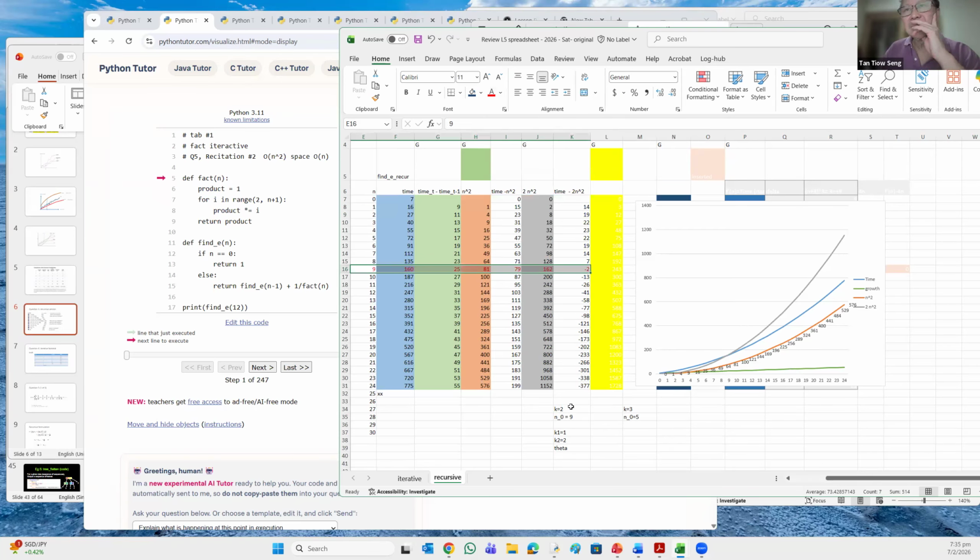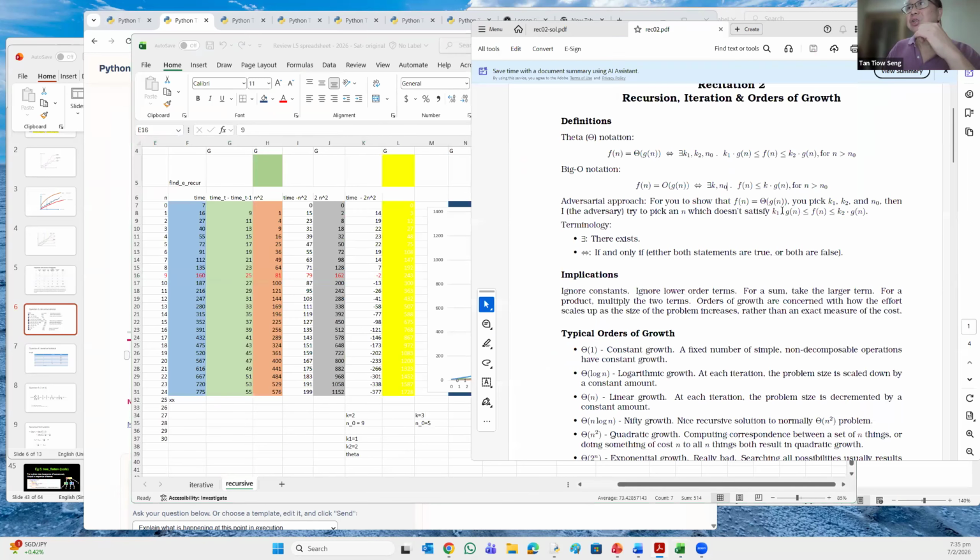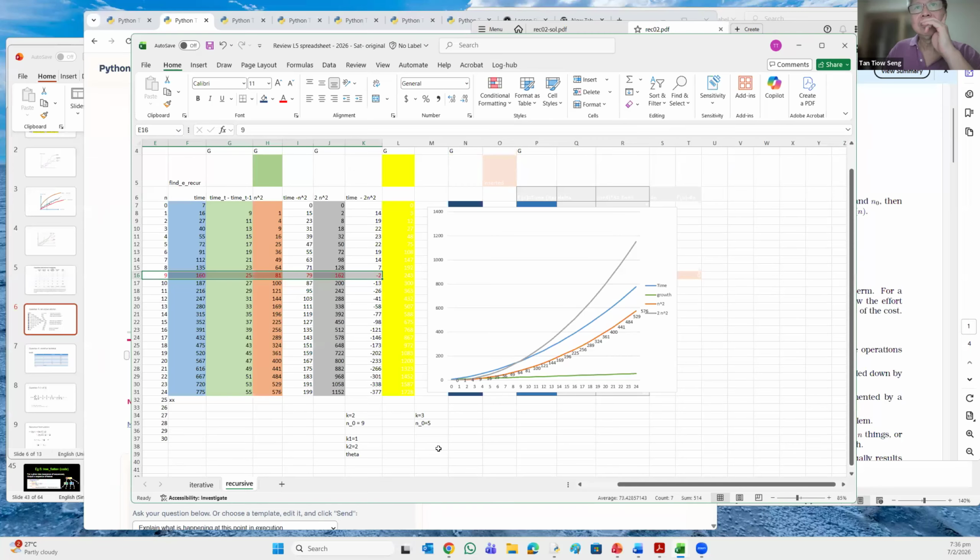All right, so when I choose k equal to 2, n0 equal to 9, I can ascertain now that following the definition of what we learned last week, I have the function time is indeed O of n squared. Correct, Isaac? Yes. Okay.